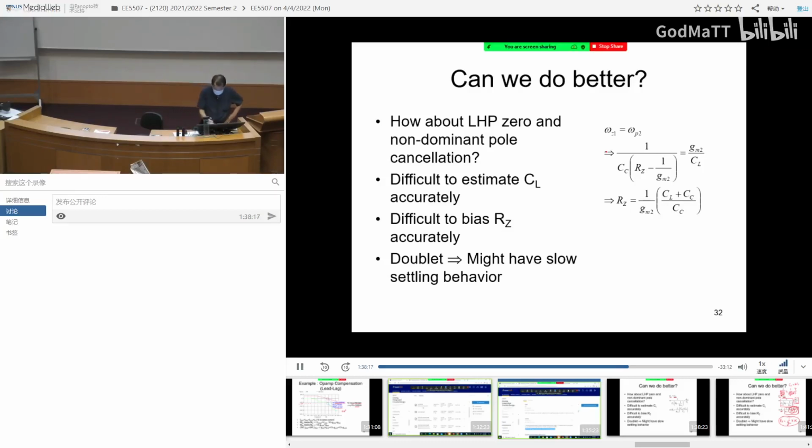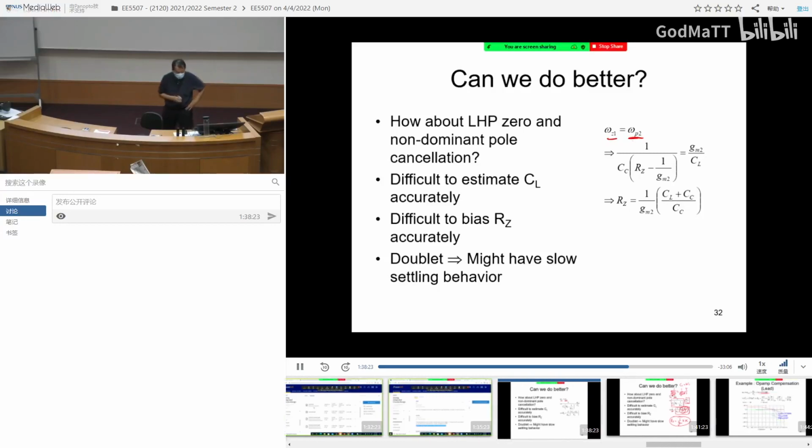So if you make the zero equal to omega P2, the non-dominant pole, the zero is given by this formula. Now we want to make sure it equals to this guy. After some manipulation, your zero needs to be exactly this guy. Is it easy?